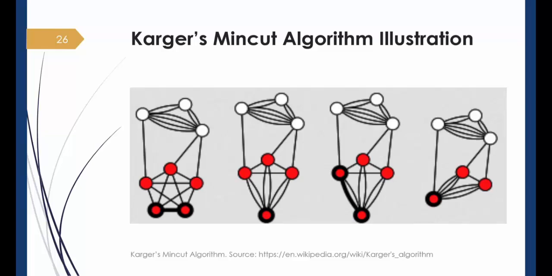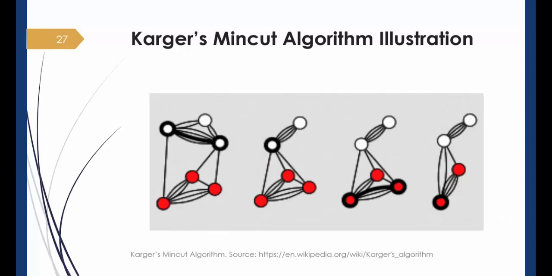Again we pick this edge uniformly at random, contract it, we get this new structure, and look here, one of the multi edges here is being picked. Again, contraction takes place, self loops are thrown away, and this procedure is continued. Notice that we are retaining all the multi edges.